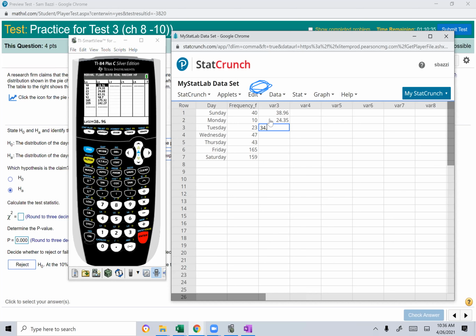For Thursday is 48.7. For Friday, Saturday, 175.32. Oh, that's Friday. And for Saturday, 102.27.